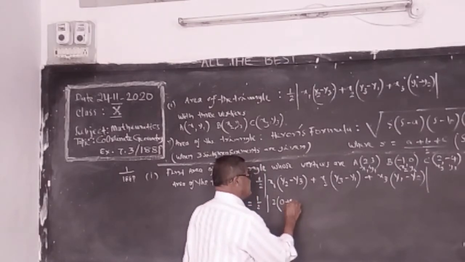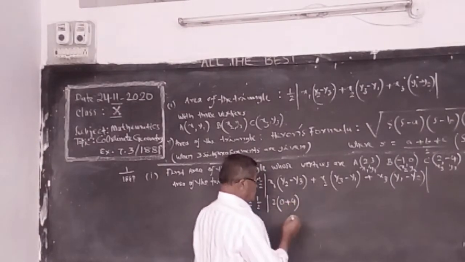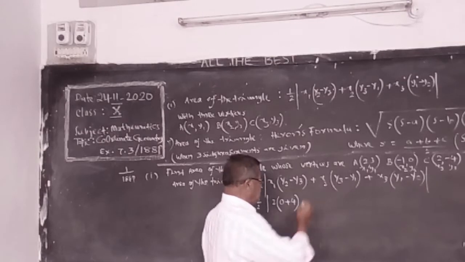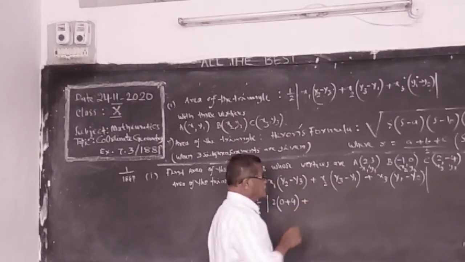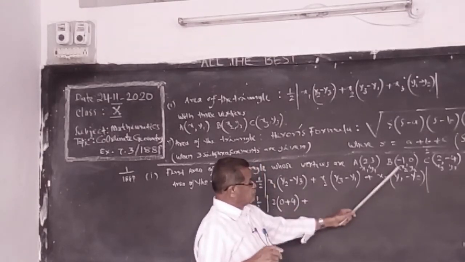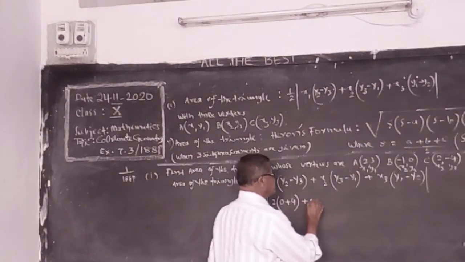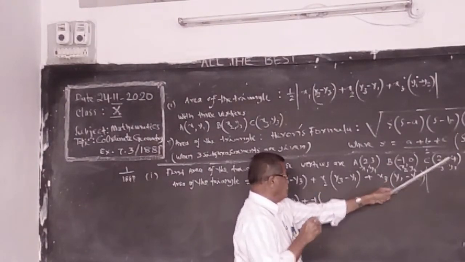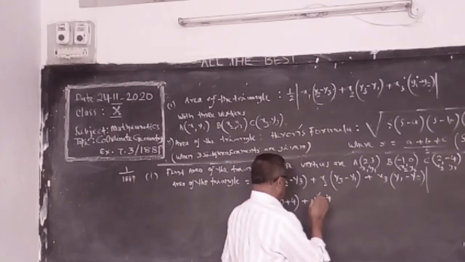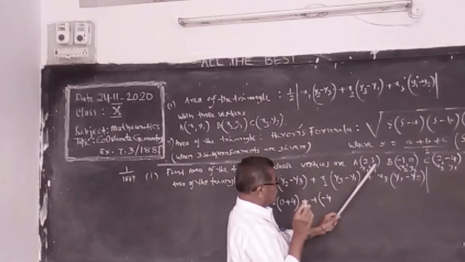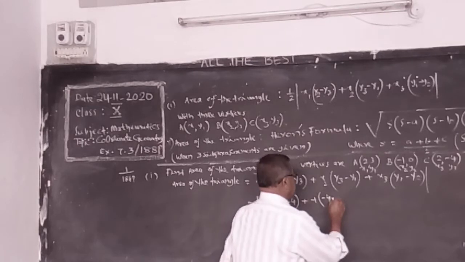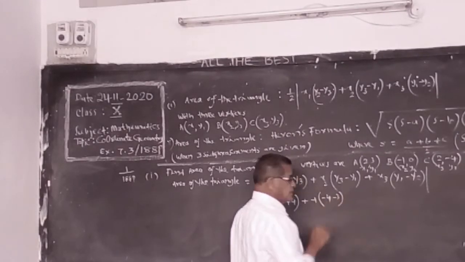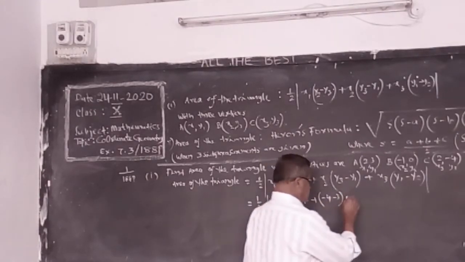So you write plus 4. The first bracket is over. Now the second bracket: x2 is -1, of (y3 which is -4, minus y1 which is 3). The second bracket is over. Now come to the third bracket.